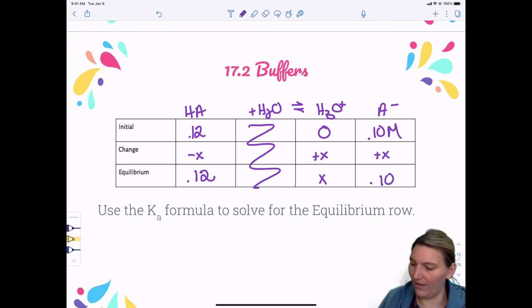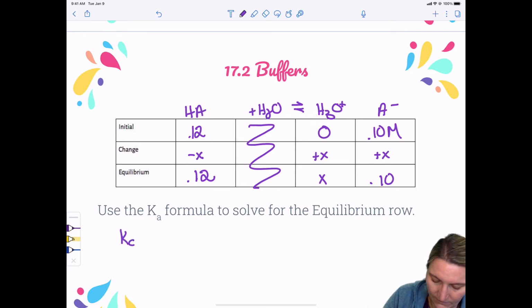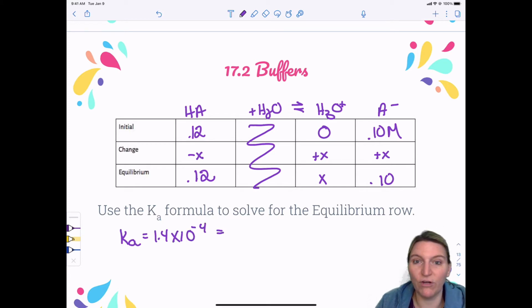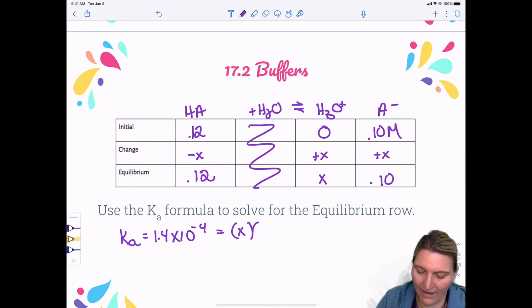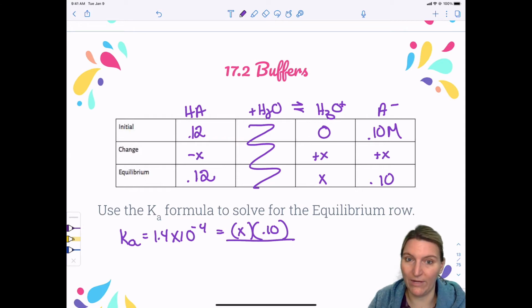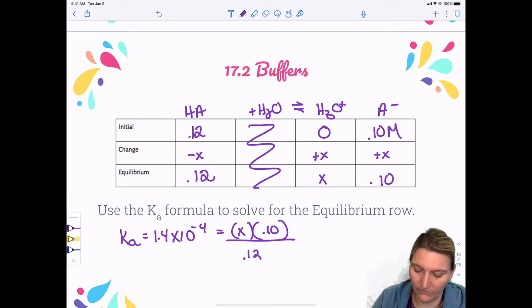So now we have our Ka, which is 1.4 times 10 to the negative 4, equal to the concentration of the H3O plus, which is X, times the concentration of A minus, 0.10, over the concentration of the weak acid, 0.12.